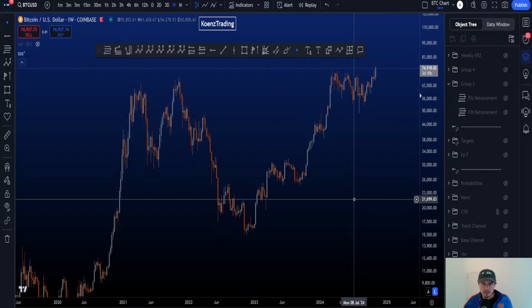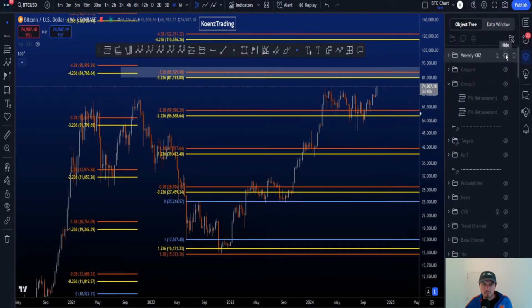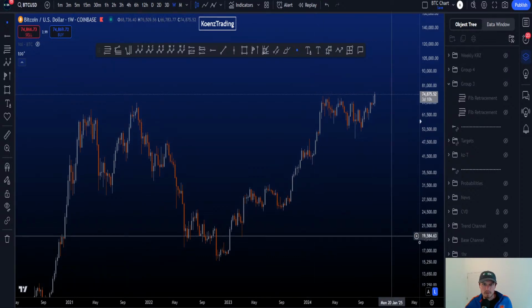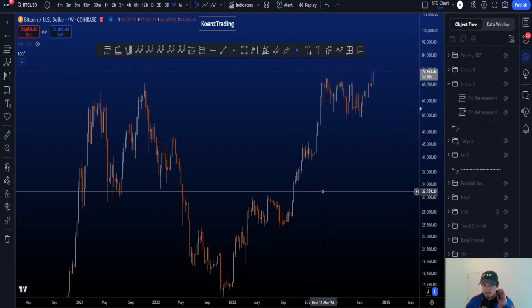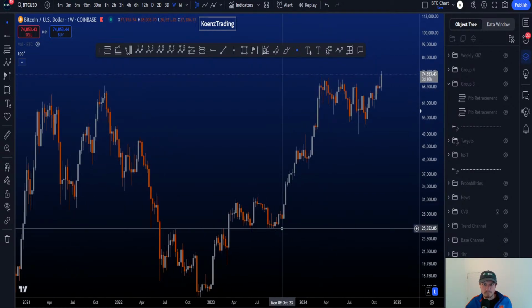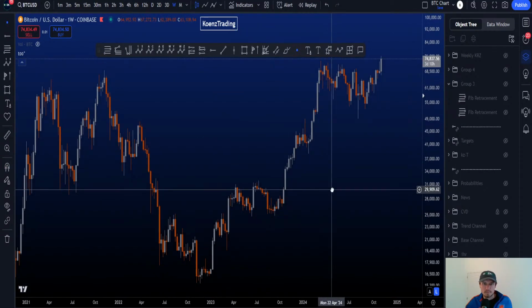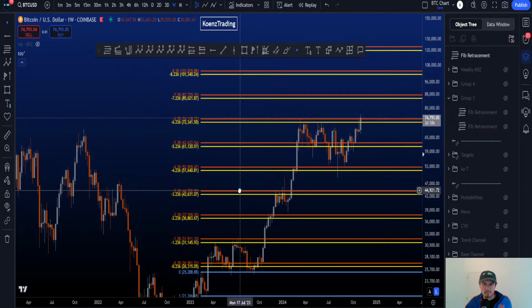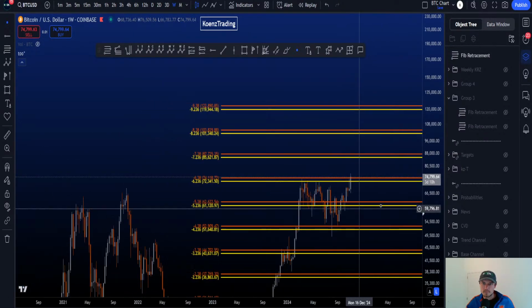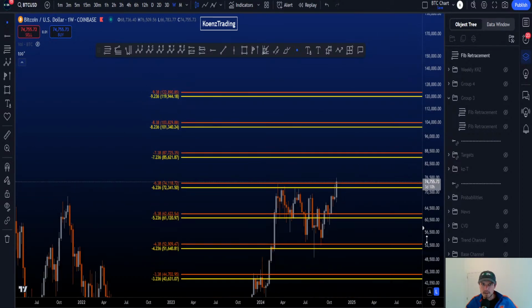I think that's pretty much the only two really interesting pulls here, on a weekly time frame, that is. $85, $87 is the next pocket.